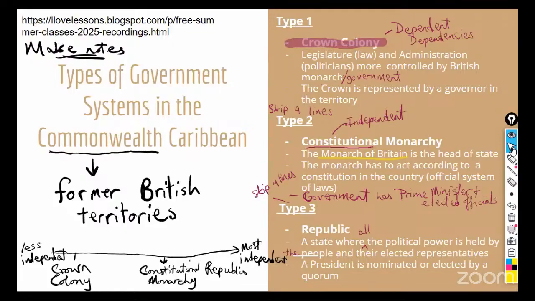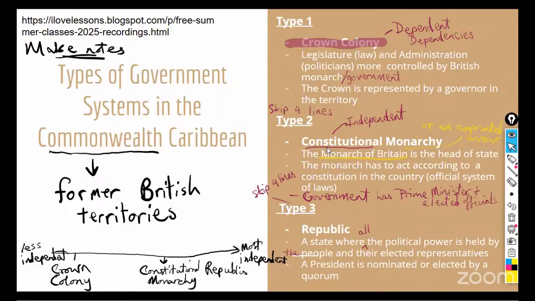But that is the head of state role, okay? And so for constitutional monarchies, that is the monarch of Britain, but it could be that they have an appointed governor general or governor. If the monarch of Britain cannot attend all speaking engagements, they have a governor appointed for each territory, and it's their job to act as head of state, right?